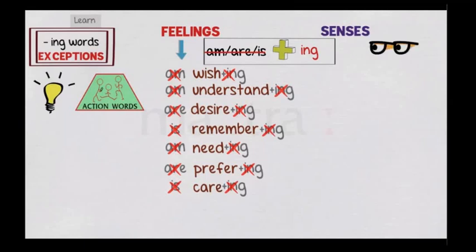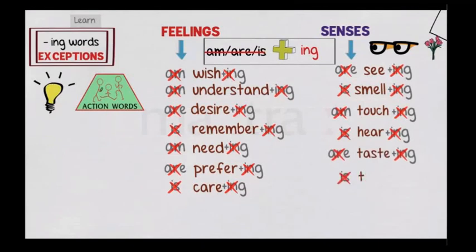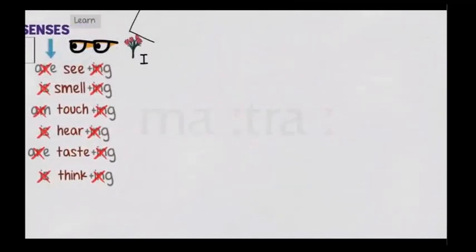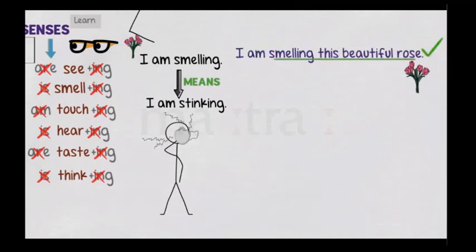Also, actions with our sensory organs: see, smell, touch, hear, taste, think. I am smelling will mean I am stinking, which means smelling of something bad. I am smelling this beautiful rose.